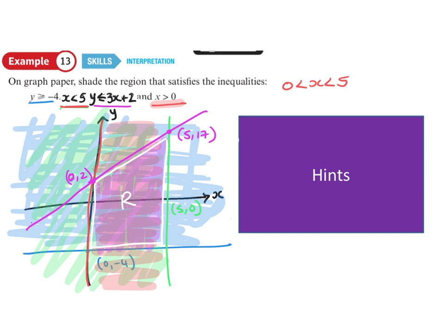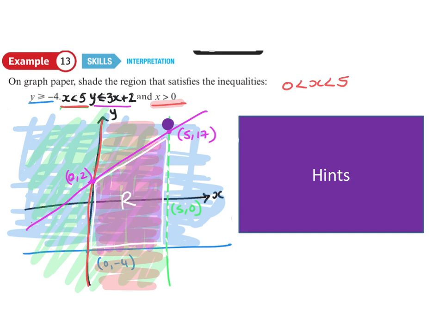Perfect. The only thing I forgot to do is, first of all, if it's less than or equal to, it's solid. If it's not less than or equal to, it's dotted. So please make sure that this is a dotted line if it's not less than or equal to, okay?